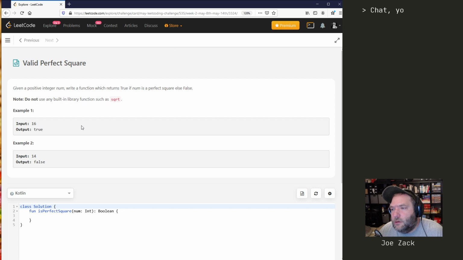How to solve this? One way would be to just start at 1 or maybe 2 and just keep multiplying until we get past our number. That kind of seems like a lot. Seems like we could guess a little bit better than that.